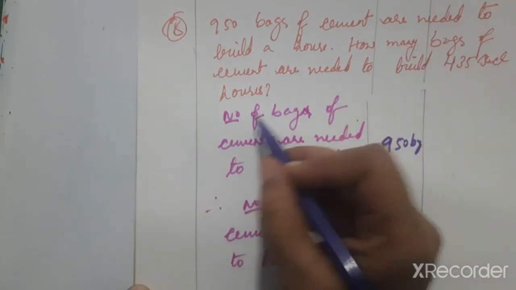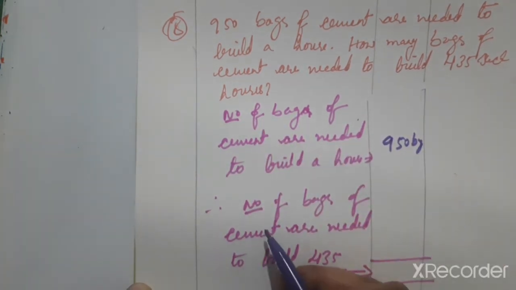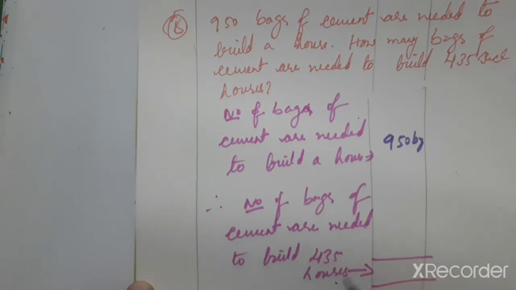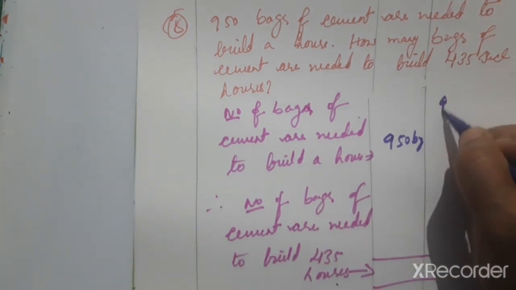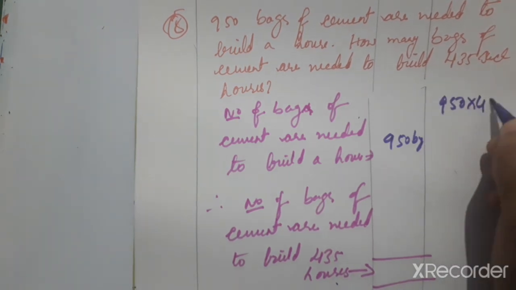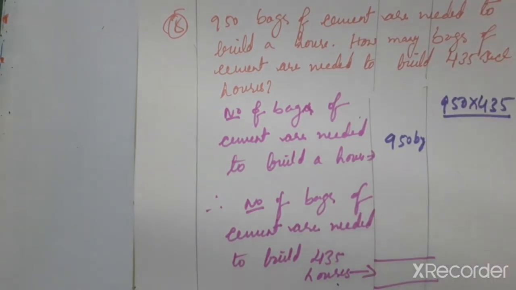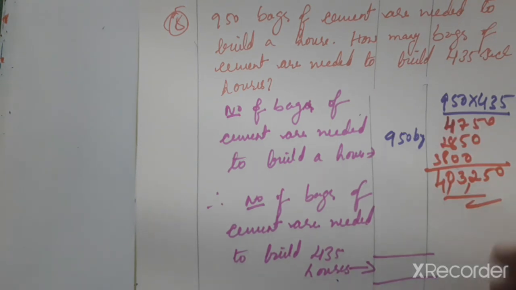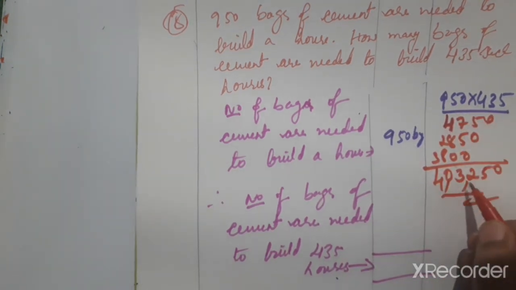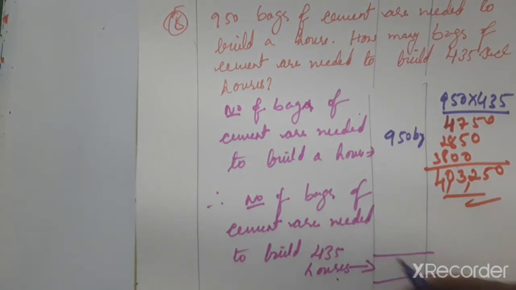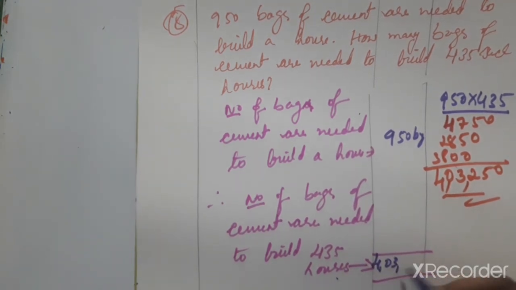Therefore number of bags of cement needed to build 435 houses. So we have to multiply 950 into 435. After multiplying, the answer is 4,03,250.